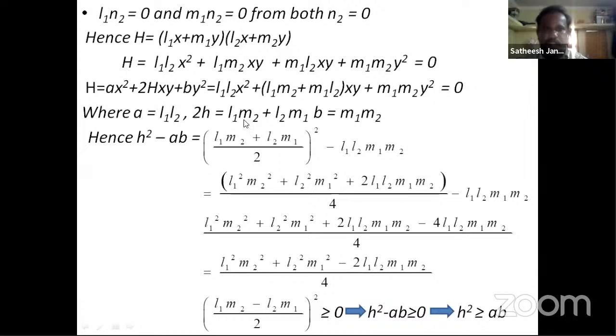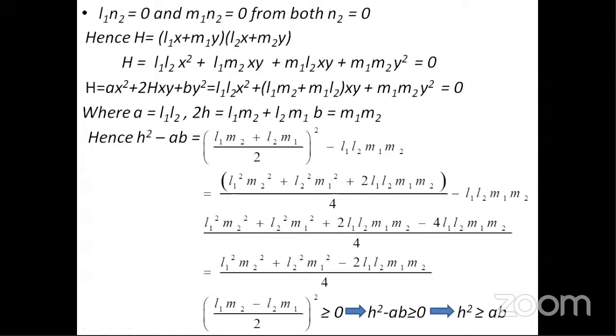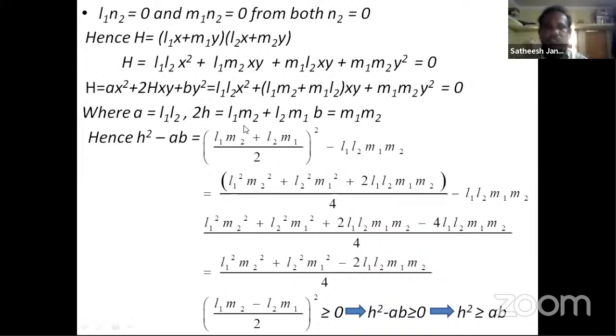Where 2h is equal to L1 M2 plus L2 M1, h value is L1 M2 plus L2 M1 by 2, whole square, h square, minus a into b. A means L1 L2, b means M1 M2.